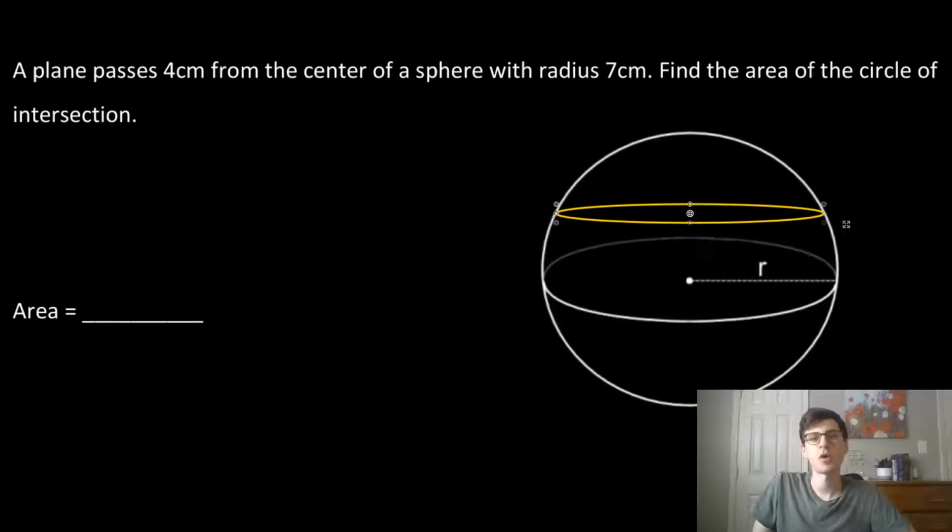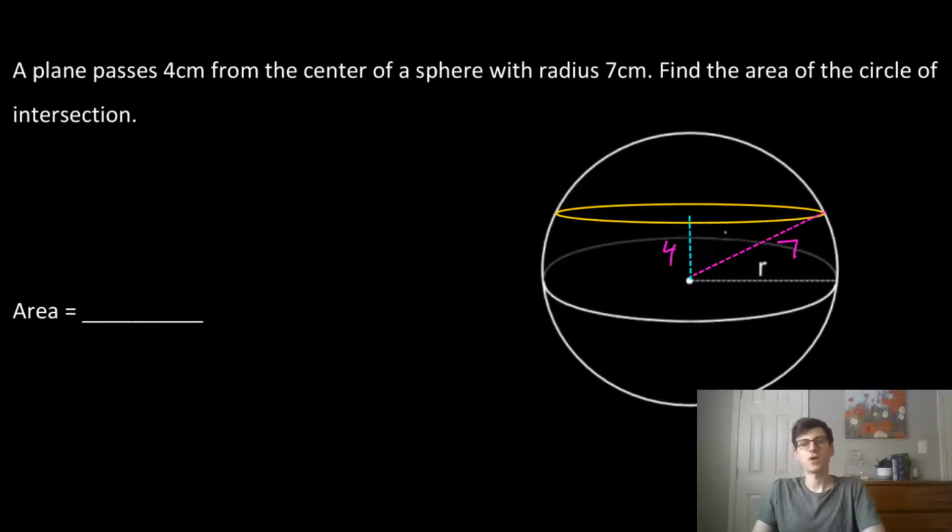And the problem tells us that it's 4 centimeters from the center. So 4, kind of like that, 4 centimeters from the center. And we know that the radius of this sphere is 7 centimeters. So here, this is 7. This is 4.